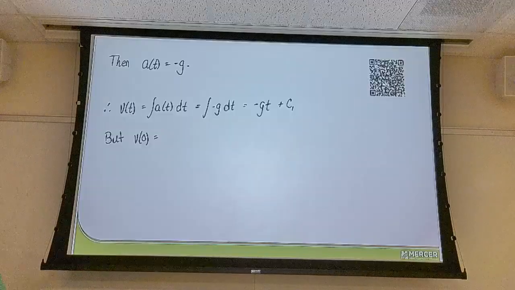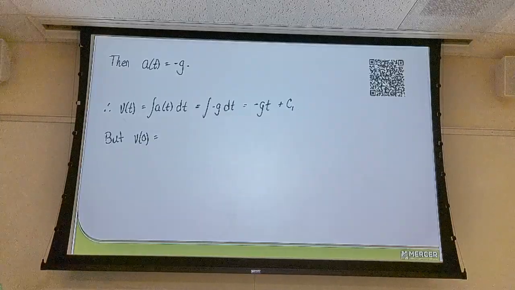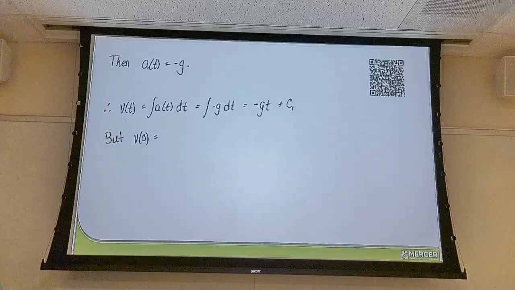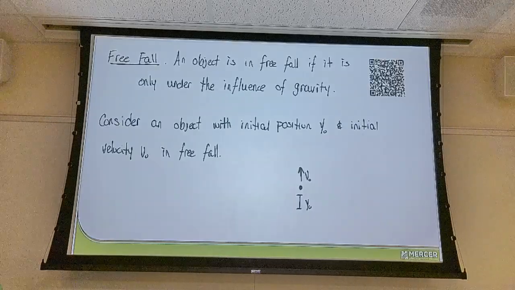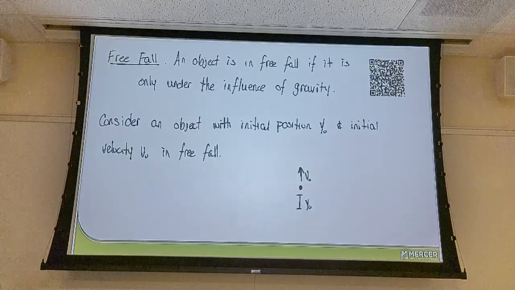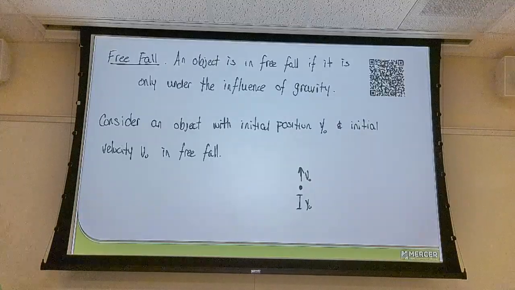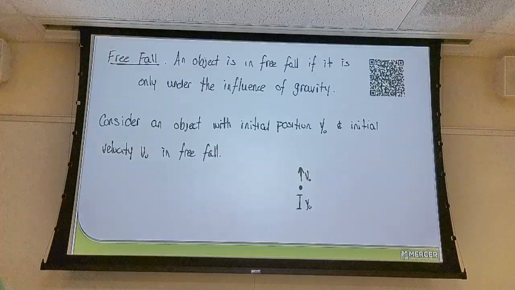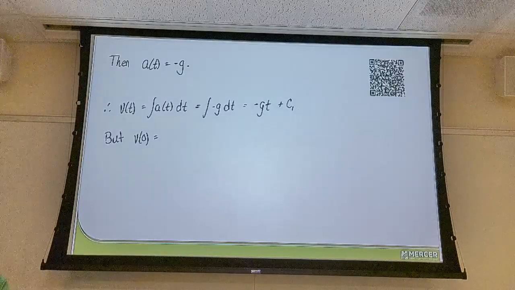But what did we say its initial velocity was? It's v naught, right?